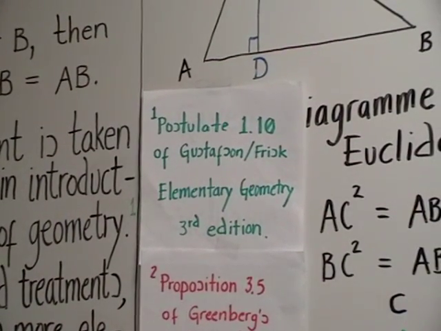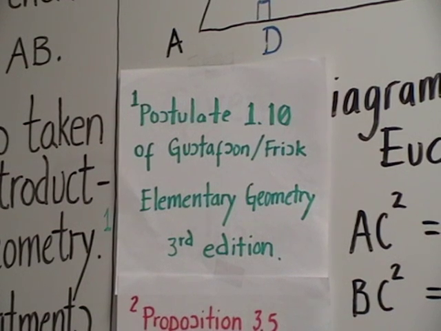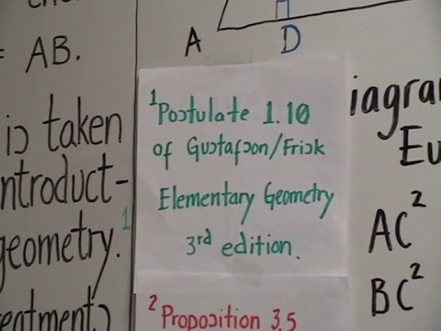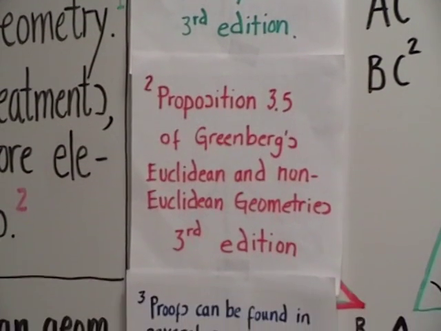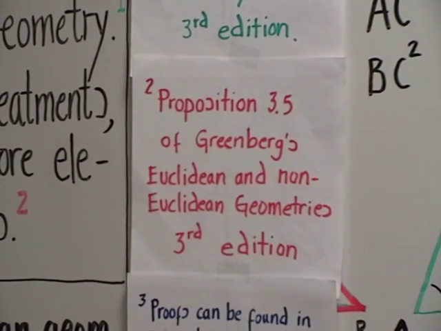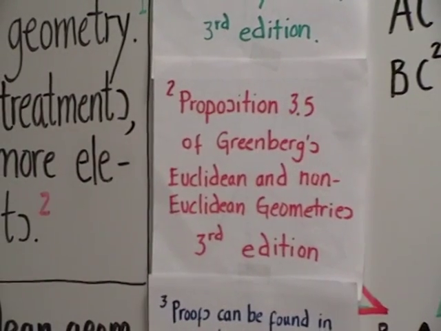There are a couple of references there. Elementary Geometry by Gustafsson and Frisk is an introductory treatment of geometry, so it is a postulate there. Greenberg's Euclidean and Non-Euclidean Geometries is a more advanced treatment, and there it is proven as a proposition.